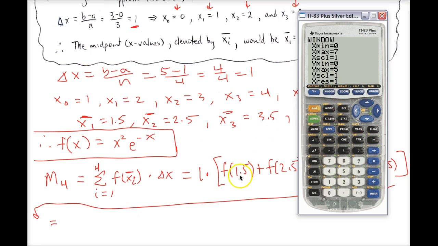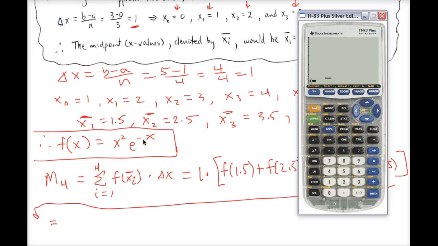All I need to do now is evaluate the function at those various values of x. I'm going to go to second, calculate value, and figure out what they are. Notice that since we are putting this into the calculator, it's going to give us an approximation of what these are.